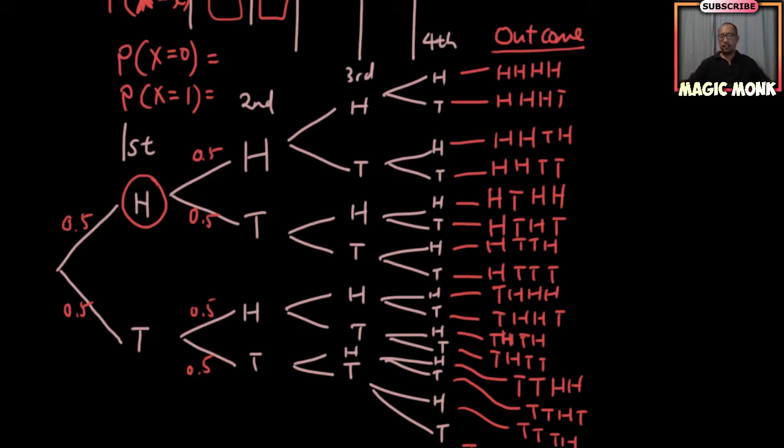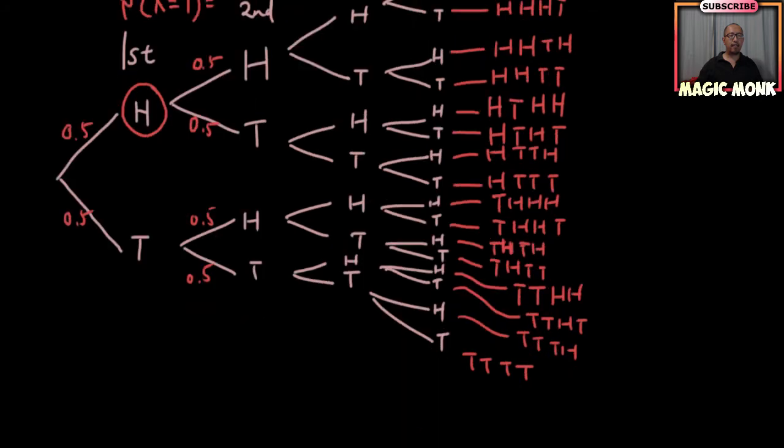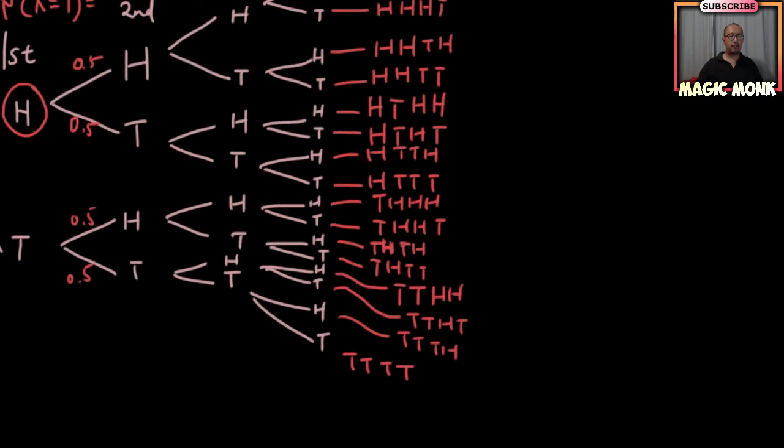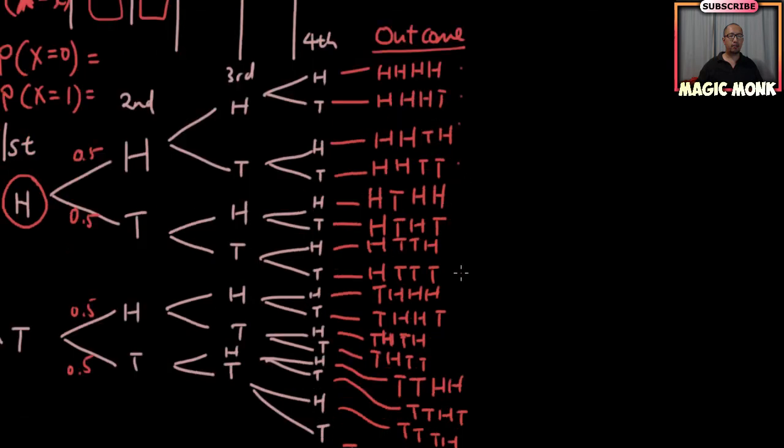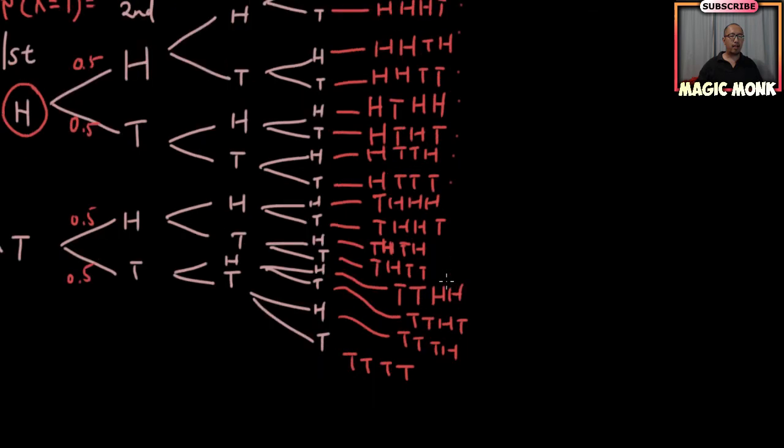So every single path has an equivalent chance of occurring. Therefore, all we're going to do is count how many outcomes are here. Let's do a simple count. We got 1, 2, 3, 4, 5, 6, 7, 8. 8 outcomes, and they're basically 2 trees, aren't they?